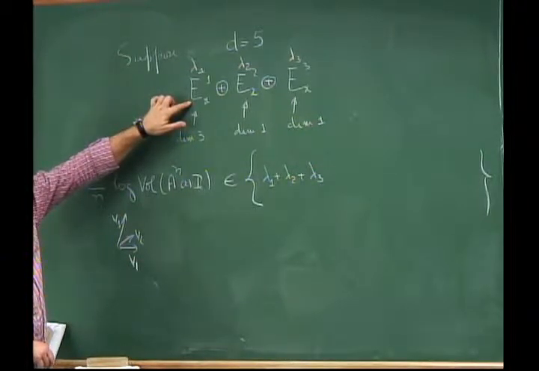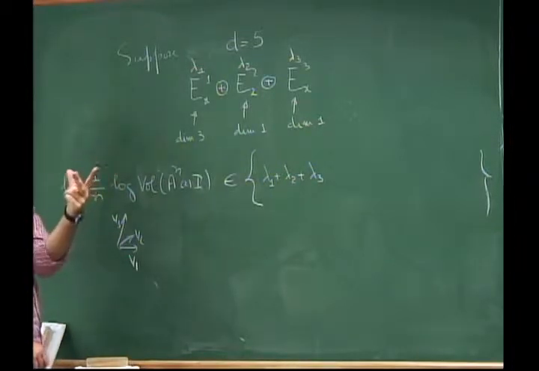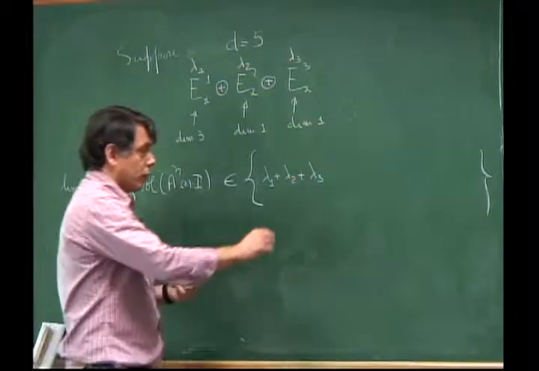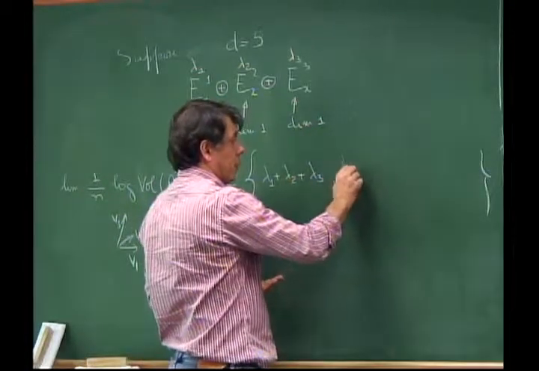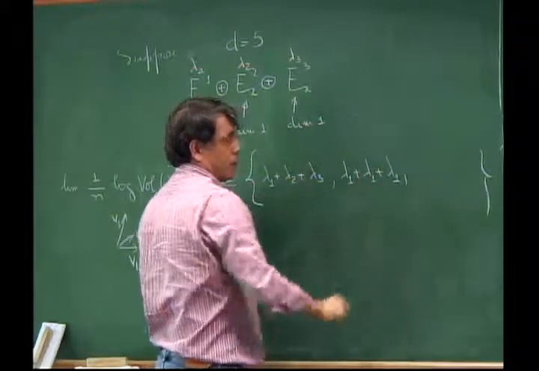Since this is 3-dimensional, there's enough room to squeeze in a parallelogram of dimension 3. So another possibility would be lambda 1 plus lambda 1 plus lambda 1. What else?